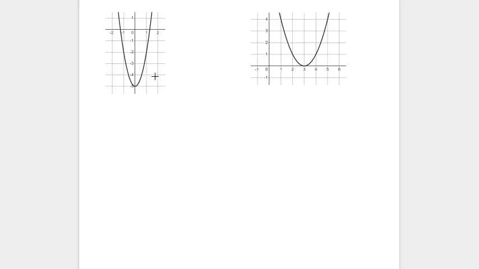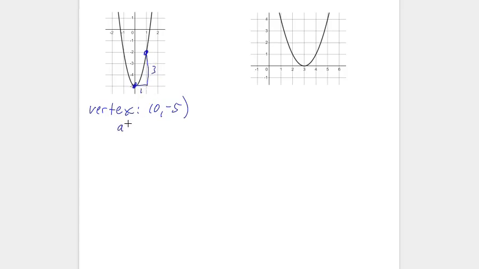Once again, we're going to be writing equations in standard form, but we're going to start with vertex form once again because we know the vertex. From the vertex, we go over 1, up 3.